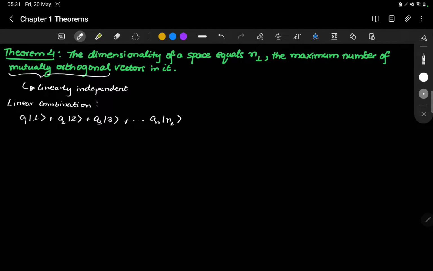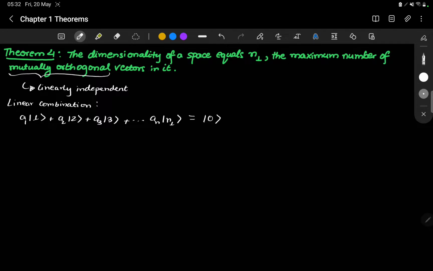We have n perpendicular mutually orthogonal vectors, 1, 2, 3, and so on up to n perpendicular, and a1, a2, a3, and so on up to an are the coefficients in the linear combination. So let us take this linear combination and set it equal to the null vector.